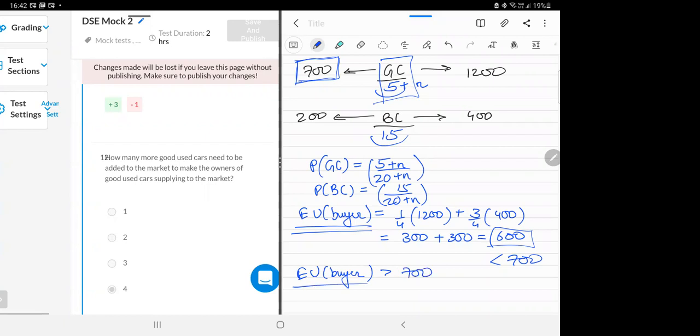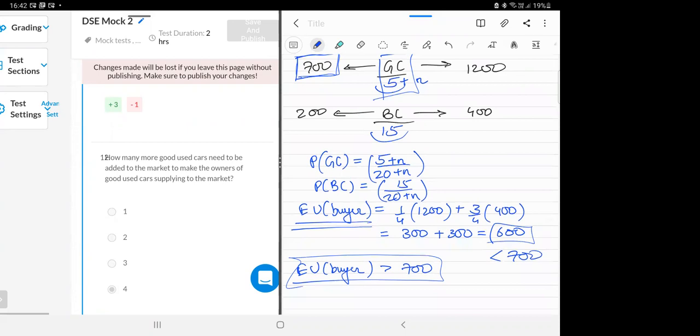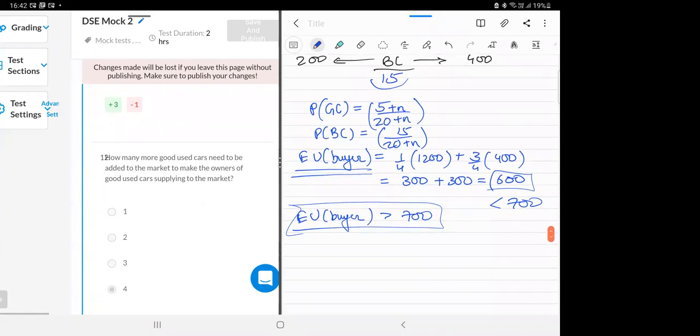As soon as that happens, the expected utility of buyers is higher, so good car owners will be willing to sell in the market. Okay, so let's calculate that.